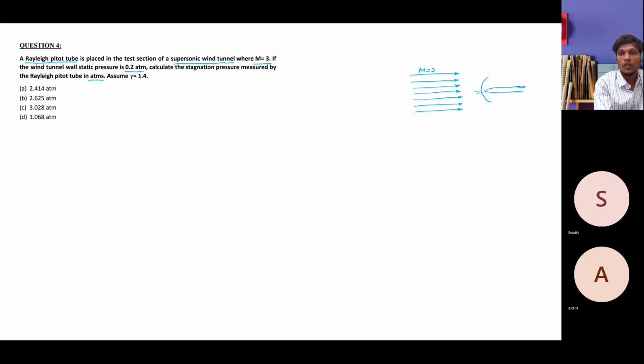Though it's a bow shock, for a very small distance we can approximate it as a normal shock. So the stagnation pressure P01 upstream of the bow shock reduces to P02. Because of this shock, we lost some amount of stagnation pressure.